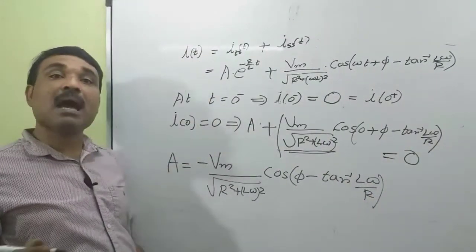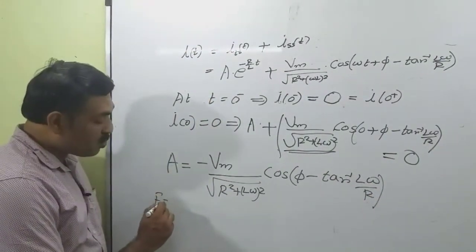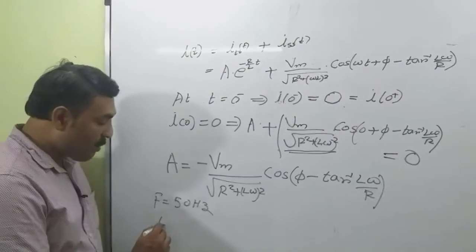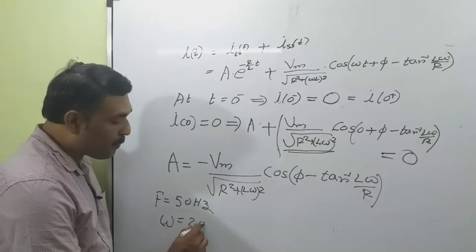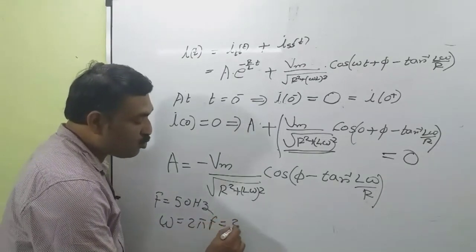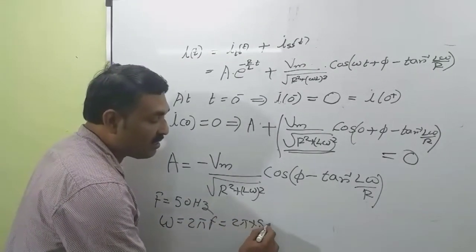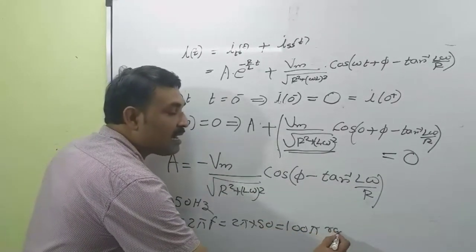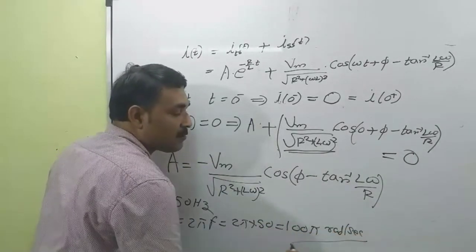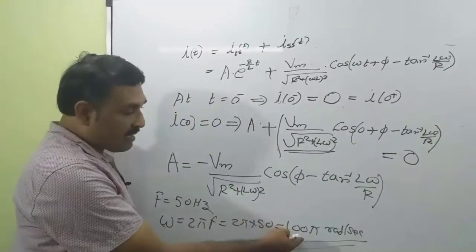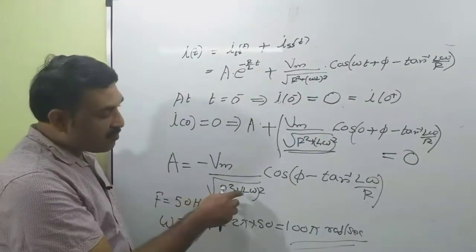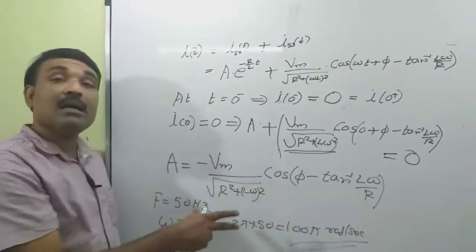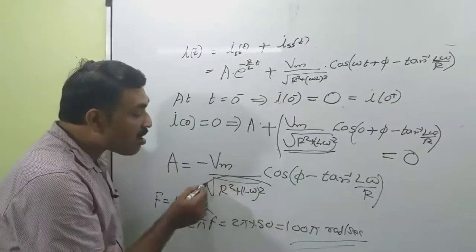For an AC supply, frequency f is equal to 50 Hertz and omega is equal to 2 pi f, that is equal to 2 pi into 50, or 100 pi radian per second. So this term, Vm divided by root of R square plus (L into 100 pi) whole square, has this term in the denominator, and this is a large term.